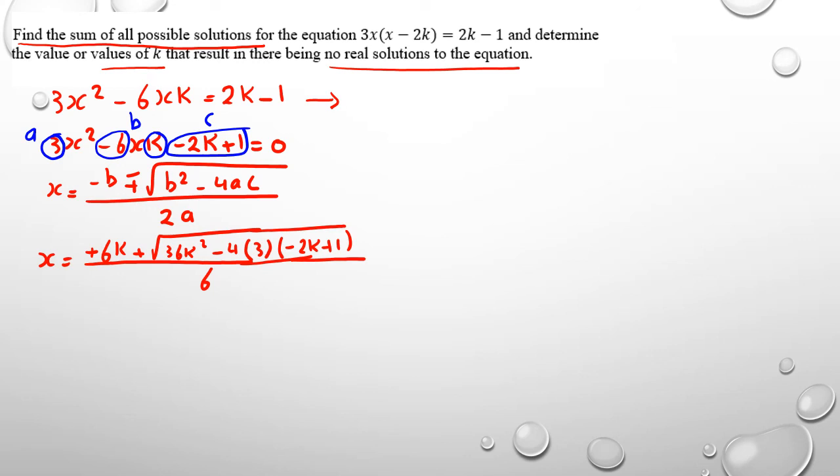That's my first solution, and the other solution will be the same but minus.